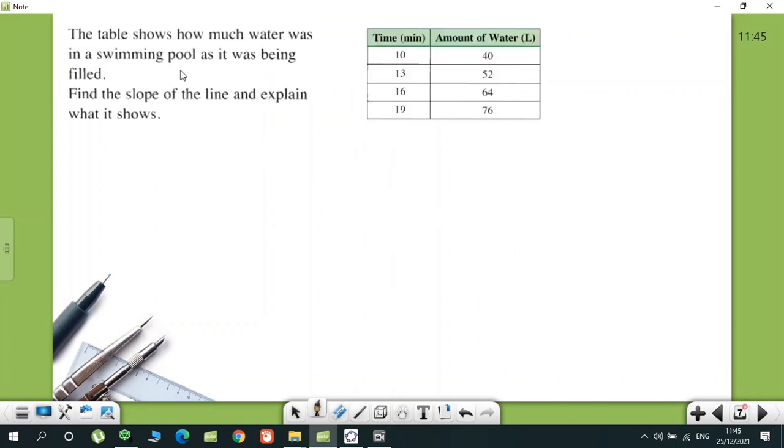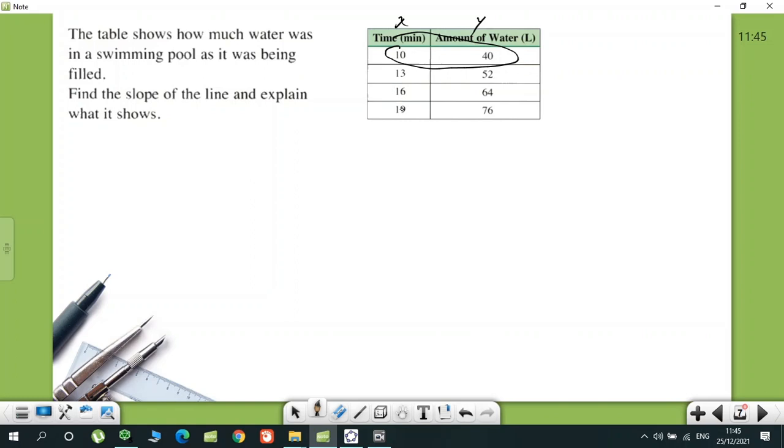The table shows how much water was in a swimming pool as it was being filled. Find the slope of the line and explain what it shows. So the slope shows change, and this is time in minutes. Let's say this is the x-axis, showing time, and that's the value of y. So we have x values and y values.